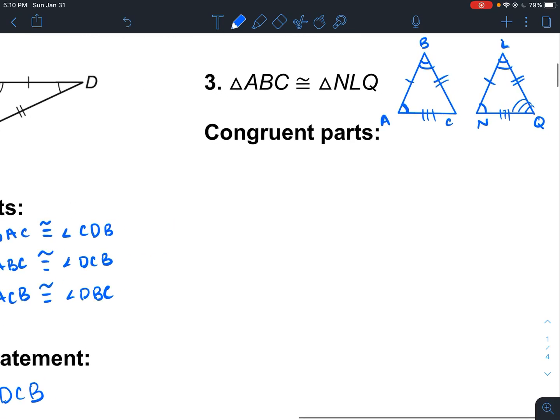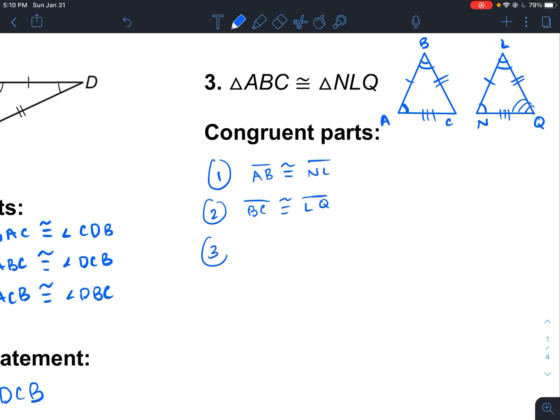Now, we'll go with the sides first. So line segment AB is congruent with line segment NL. Line segment BC, which corresponds with LQ, and these are congruent. And then line segment AC, which corresponds and is congruent with line segment NQ.